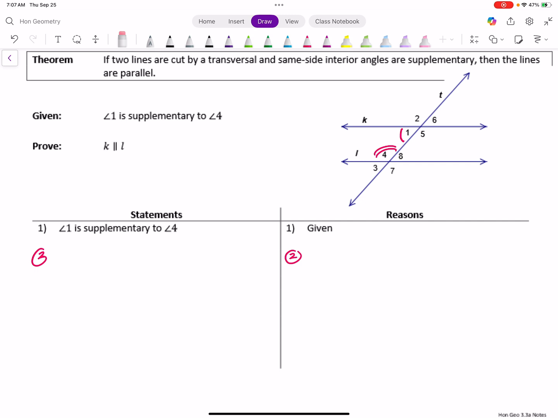I think I can get away with not saying that, because what I could do is say that the measure of angle 1 plus the measure of angle 2 is 180 degrees, because that's a linear pair postulate. Now, I could have kept going the way I was going, but I think it would have been a lot more steps. I don't know if it would have been a lot more, but it would have been more.